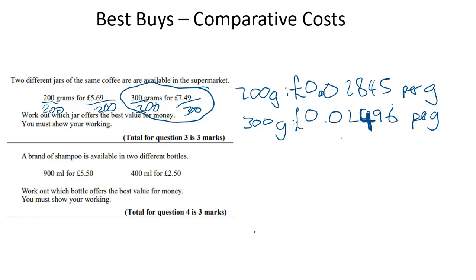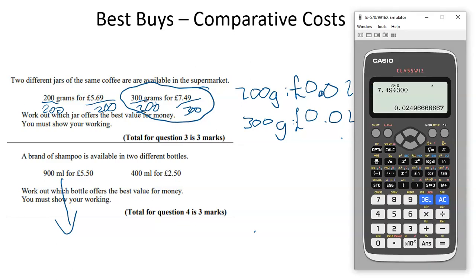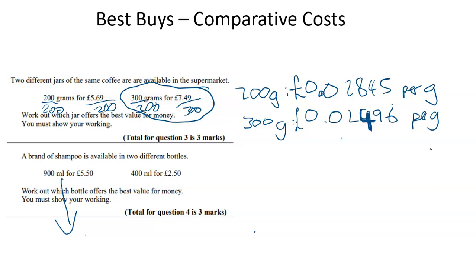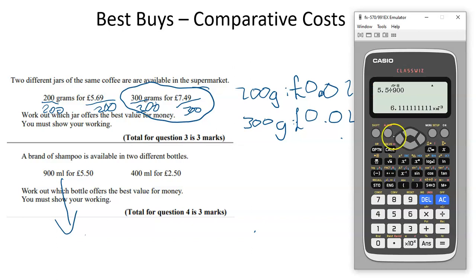Something like that anyway. Same thing for this one. We're just going to reduce it down to just 1 mil. So for this one, we're just going to divide by however many mil we've got, which is 900. So £5.50 divided by 900 is very small. Which is why it might be better in these situations, because they're nice round hundreds, to just divide by 9, and then you don't have all those zeros to work with.